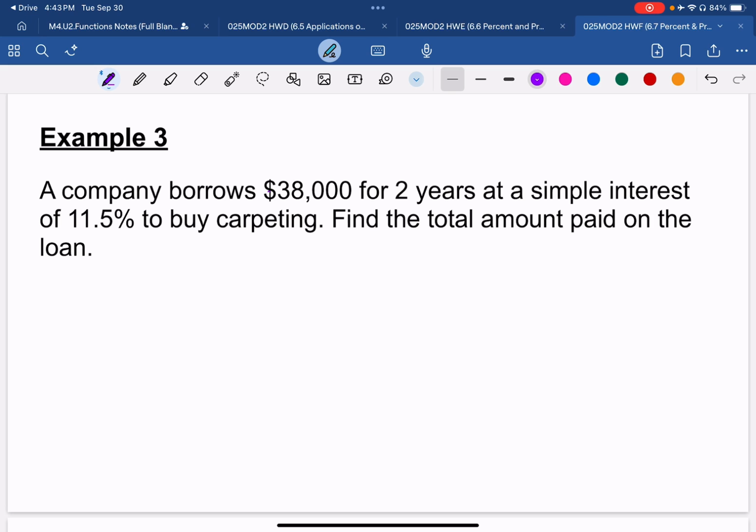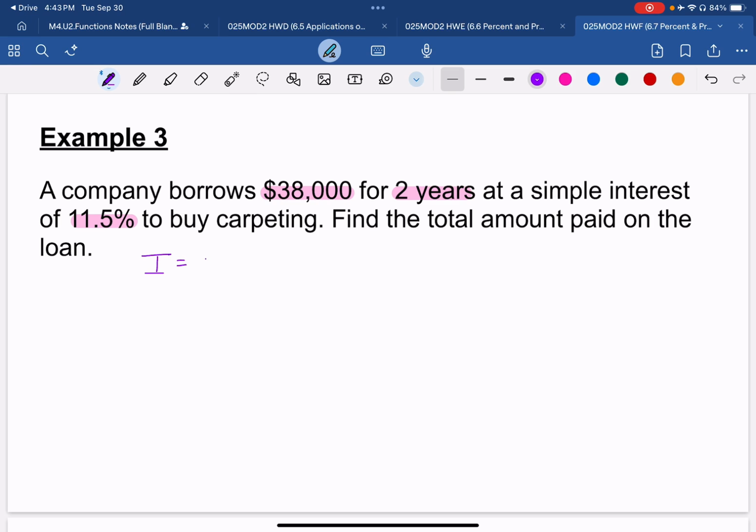So they borrowed $38,000 for 2 years, and the interest is 11.5%. The first thing I'm going to do is find my interest.